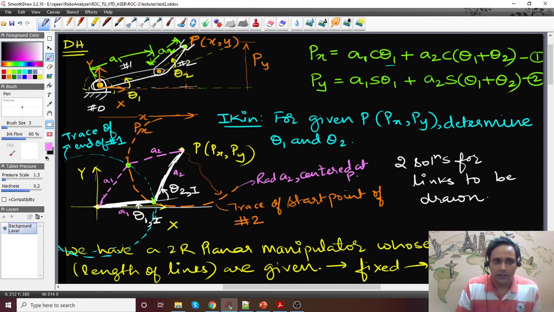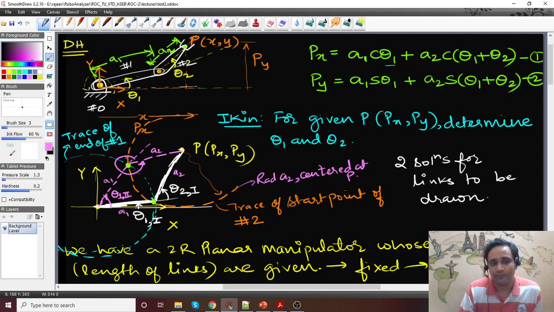Okay. Now this particular point obviously will also reach the same point. So what we can do is we can measure again this angle. I'll call it theta 1, second solution. Now the theta 2 is important. I extend this line and the angle has to be measured counterclockwise with respect to the extension like this.